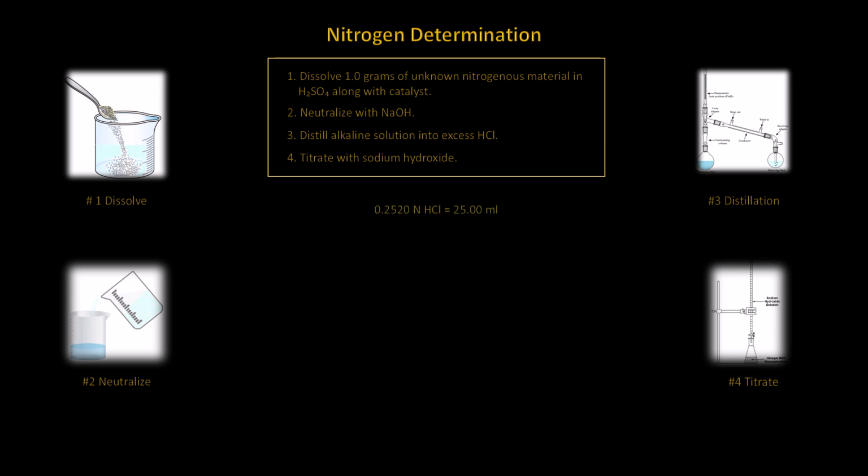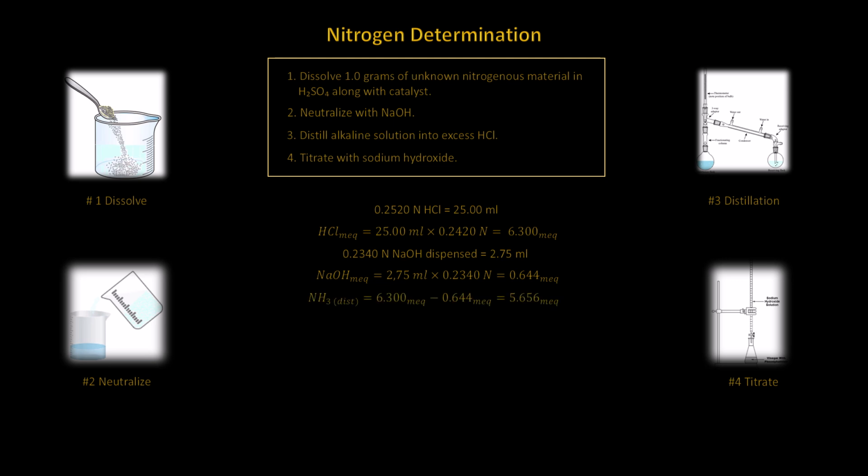Since the interest is in the nitrogen concentration, the distilled sample is what is used to determine the nitrogen concentration. The beaker contains 25.00 milliliters of 0.2520 normal hydrochloric acid. The milliequivalence is therefore 6.300. The amount of sodium hydroxide used for the titration to the endpoint was 2.75 milliliters. Its milliequivalent, as shown, is 0.644.